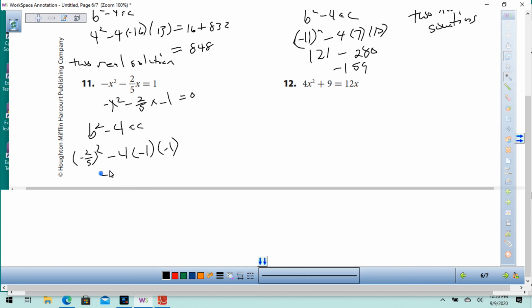So we're going to get 4 minus, well, negative 4 times negative 1 is positive 4, so that's going to be negative 4 minus 4. Let's see, 4 is the same as 100 over 25. That's going to give you negative 96 over 25. So it is negative. We have 2 non-real solutions.